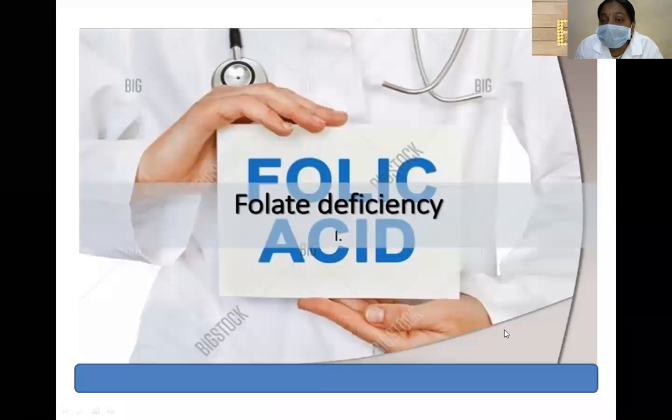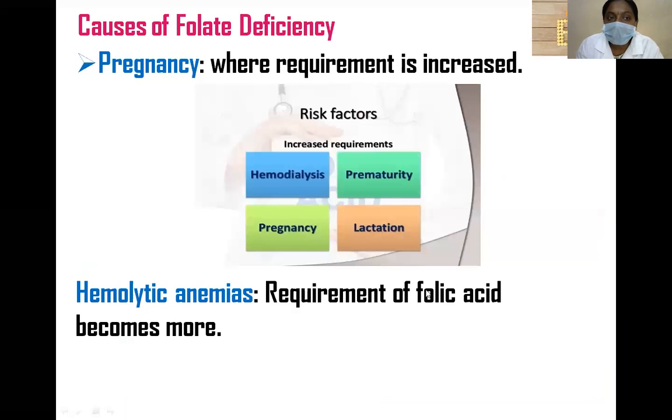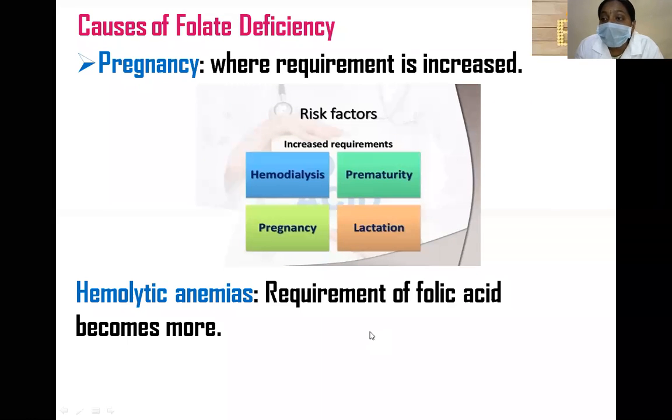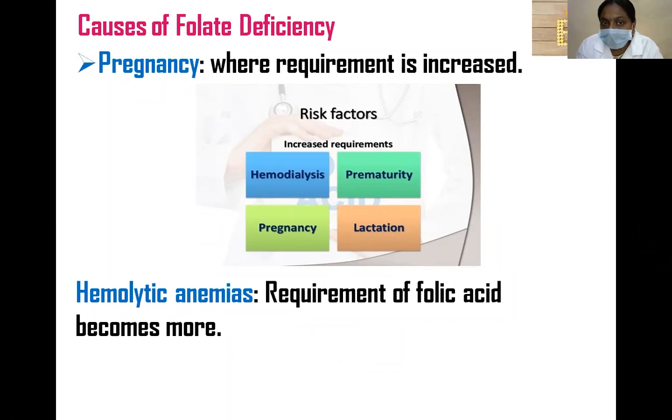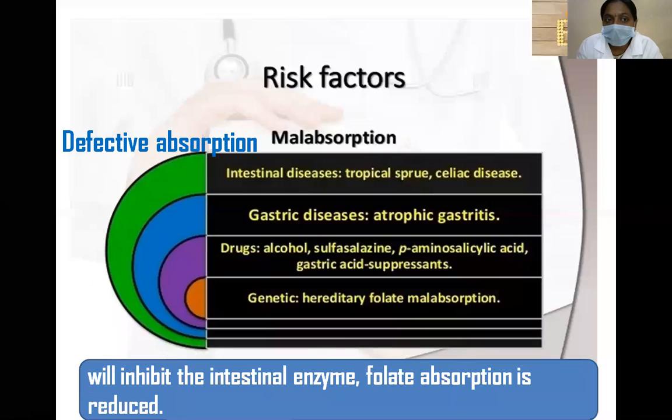The causes of folic acid deficiency include pregnancy, where the requirement is increased. The requirement is also increased in hemodialysis, prematurity and lactation, and in hemolytic anemia the requirement of folic acid becomes greater.